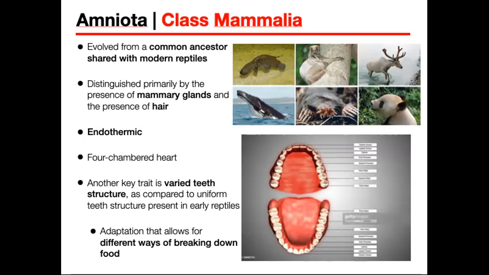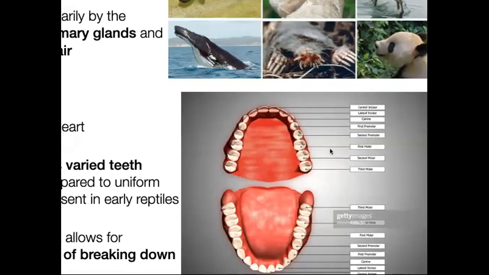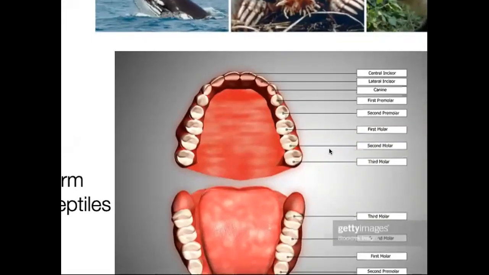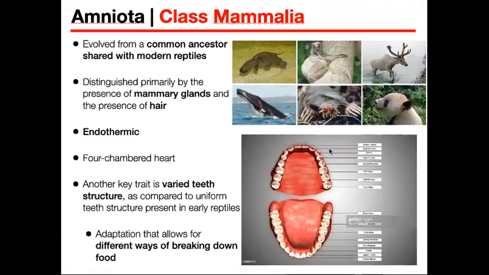Okay, apart from these characteristics, another key trait among mammals would be varied teeth structure that they can use, okay, to break down food in different ways. So that is shown, no, in our teeth structure, like you have your canine, okay, you have your molar, your incisors, na iba-iba yung kanilang known functions.